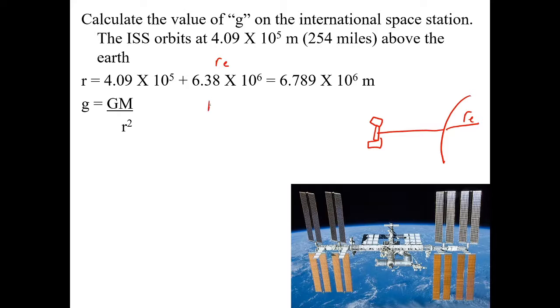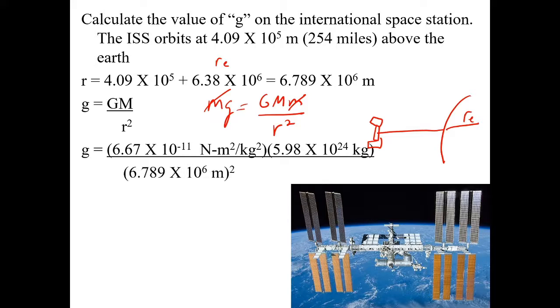Now, if you remember, we set mg equal to the law of universal gravitation. We've done this at least 2 or 3 times. And the mass of the satellite cancels out because we don't know the mass of the International Space Station. They didn't tell us. Then all we have to do is substitute.